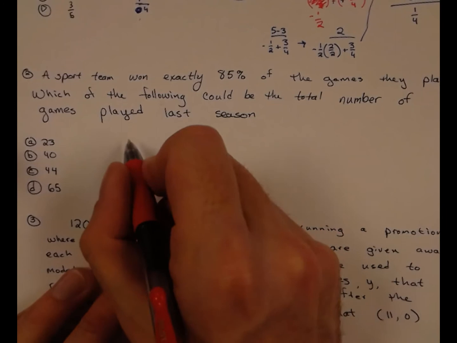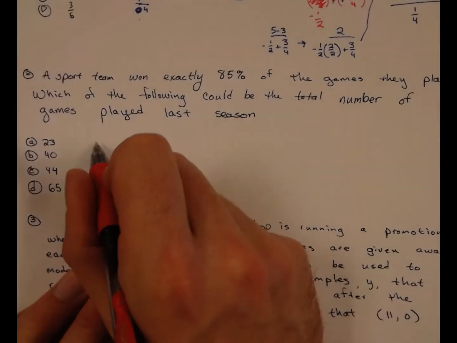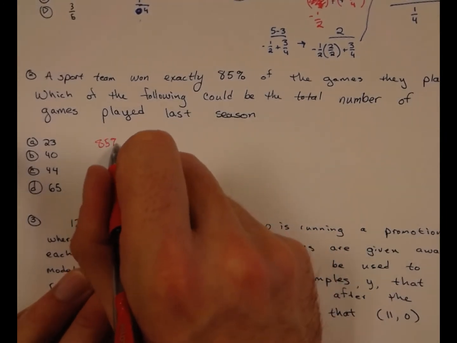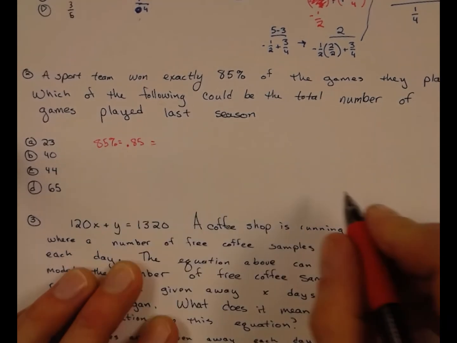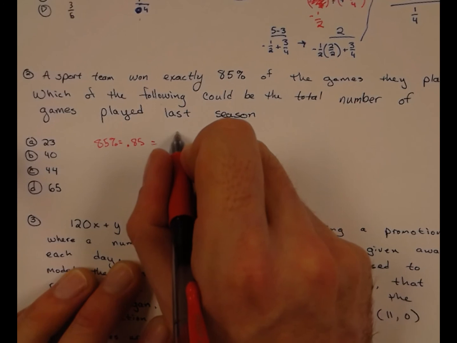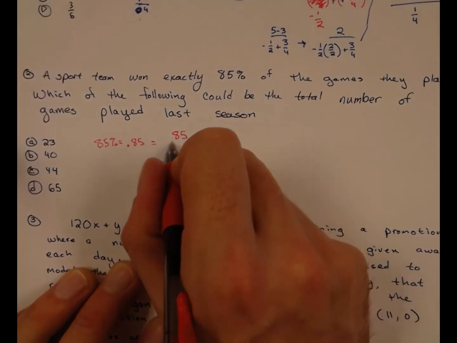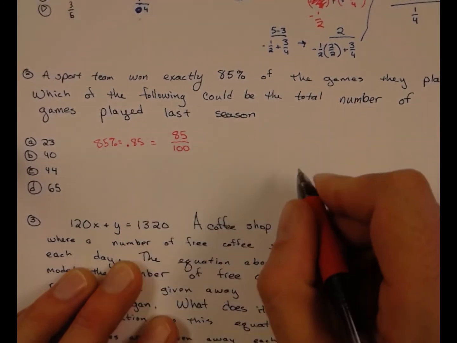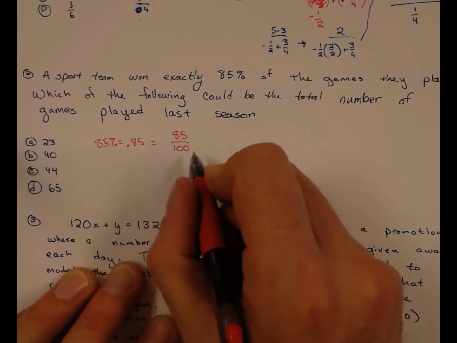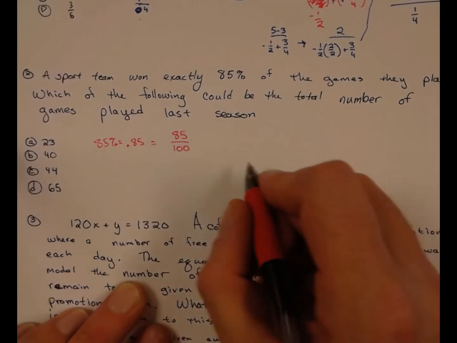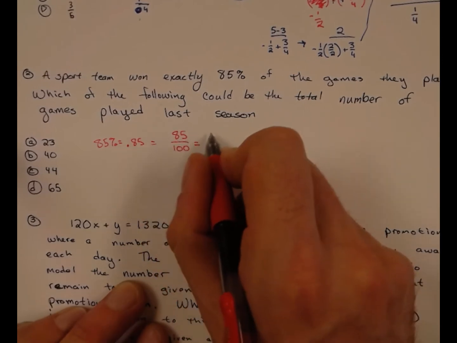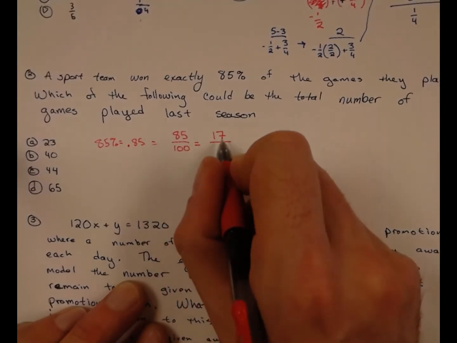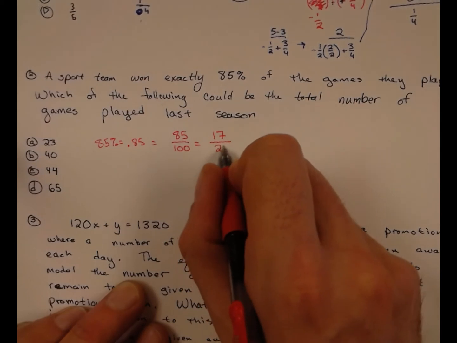So the conceptual way to think about this is 85% as a decimal is 0.85. Now as a fraction, that is 85 100ths. Now I can divide a 5 out of this numerator and denominator. 85 divided by 5 is 17. 100 divided by 5 is 20.